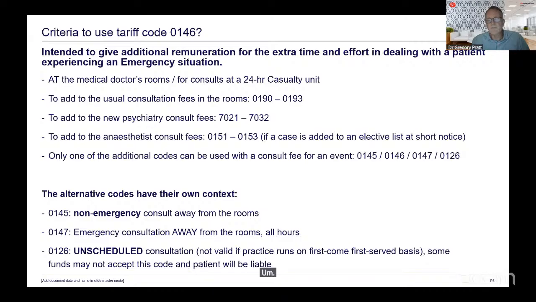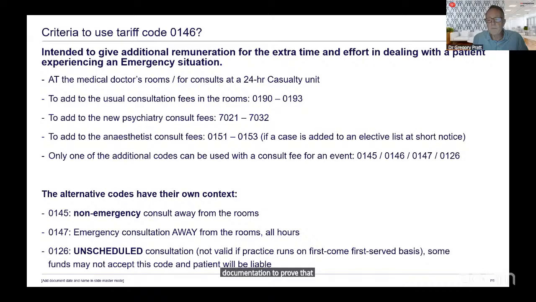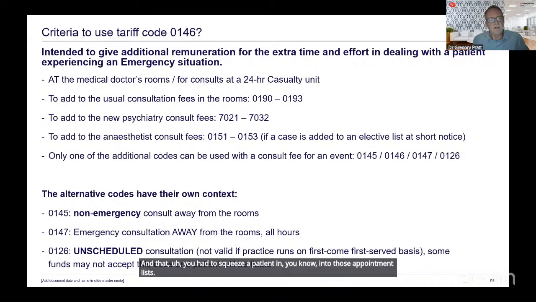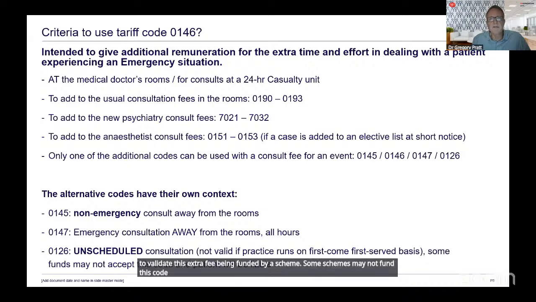And these are not valid when practices work on a first-come, first-served basis. You must have documentation to prove that there's an appointment system that works, and that you had to squeeze a patient into those appointment lists to validate this extra fee being funded by a scheme. Some schemes may not fund this code, but others do.